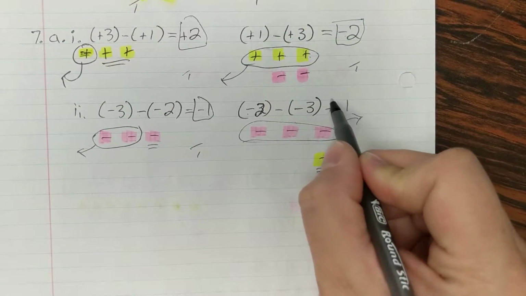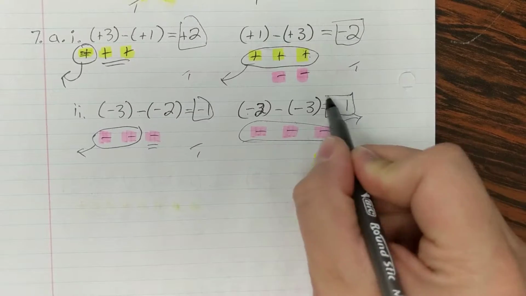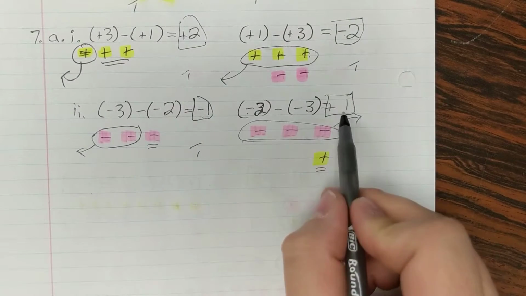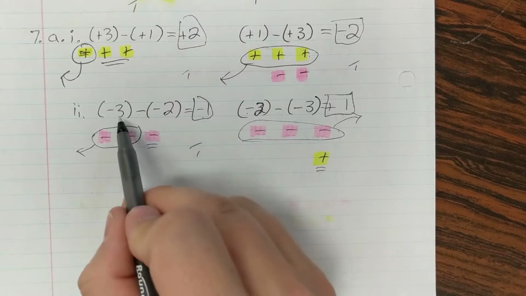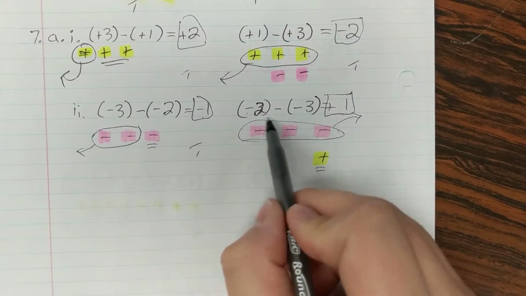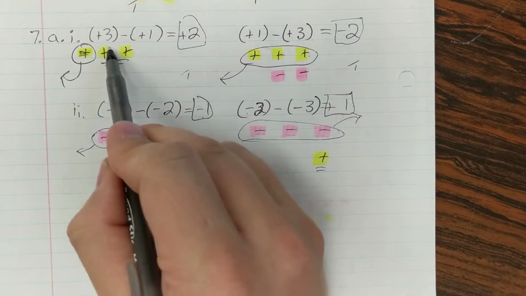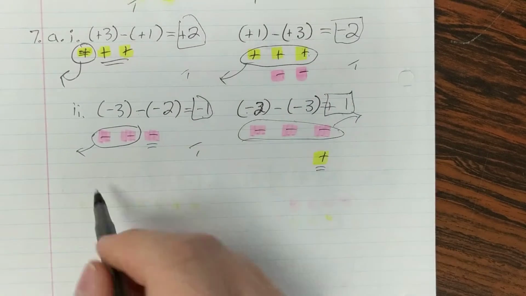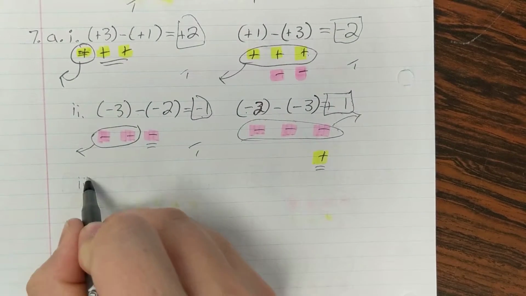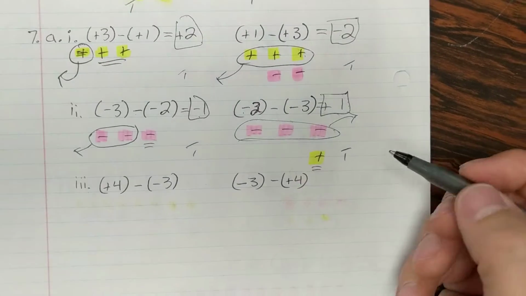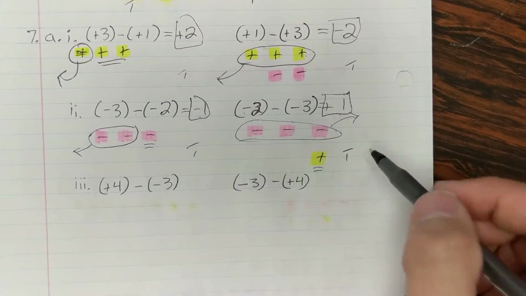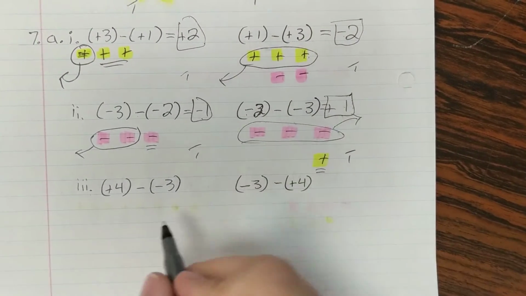Just positive 1. Sorry, equals positive 1. Notice, negative 1, positive 1. These are opposites. So if you switch these, you just get the opposite sign. What do you think is going to happen for this third one? Again, this question's out of 1 as well for getting positive 1.